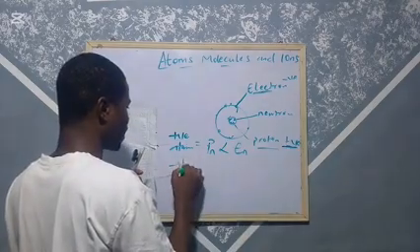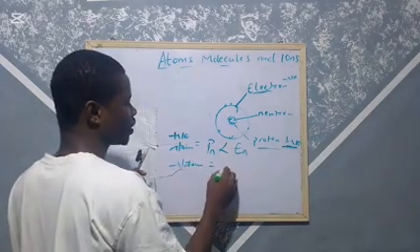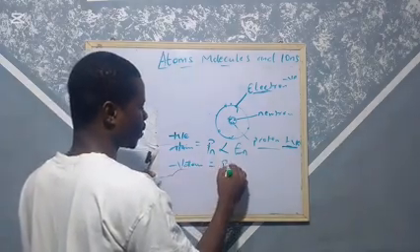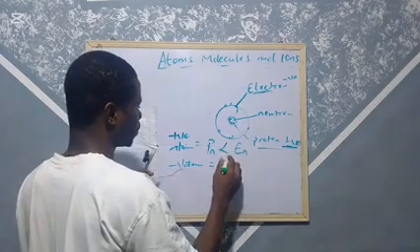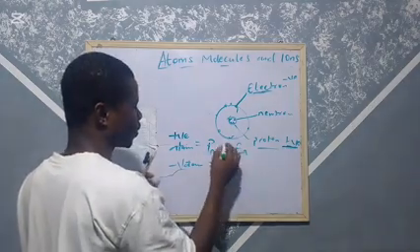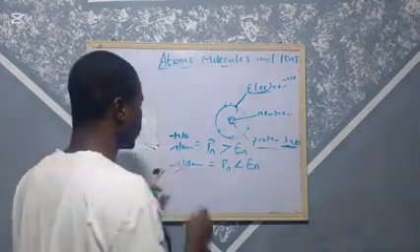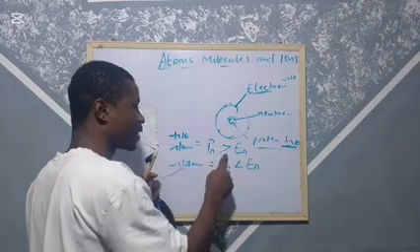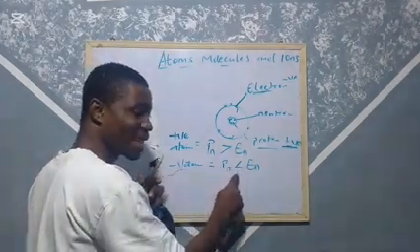And for a negatively charged atom, the proton number is lesser than the electron number. Take note of this. For a positively charged atom, proton number is greater than what? Electron number. And for a negatively charged atom, proton number is lesser than what? Electron number.